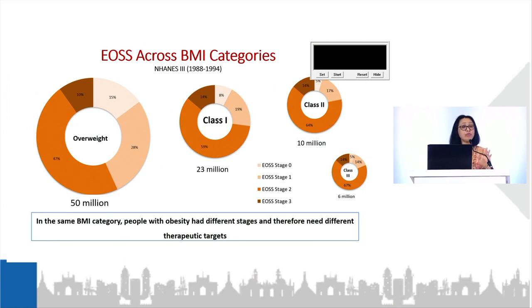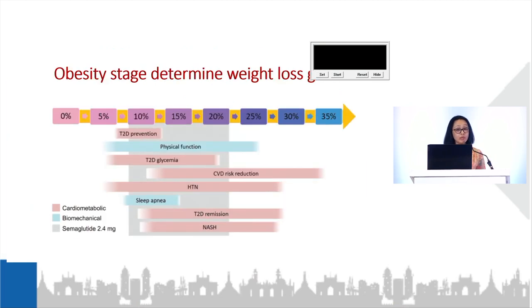And the EOSS stage could be present across any BMI category. So somebody could have class 1 obesity, but at the same time could be suffering from stage 3 severity of the disease. Or somebody could have class 3 obesity, that means higher BMI, but may still not have any of the complications of obesity or only mild complications, and thereby stay in stage 0 or stage 1.